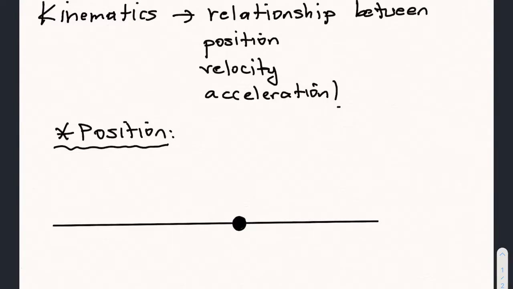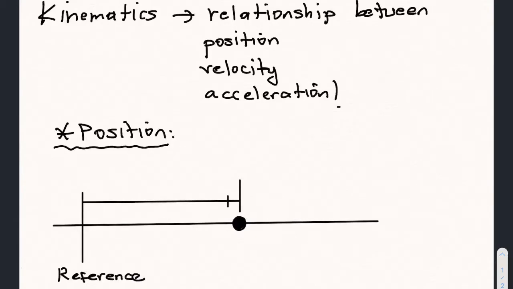But in order to make it a scalar or vectorial quantity, I need to define a reference point. So let's put our reference something like this. If we have a reference point like this, then the distance between this position and the reference is called position. And we usually use letter S for position.